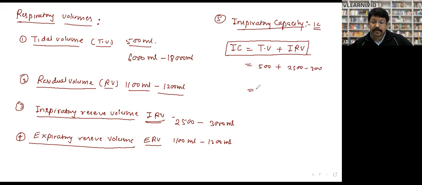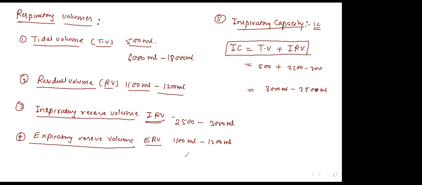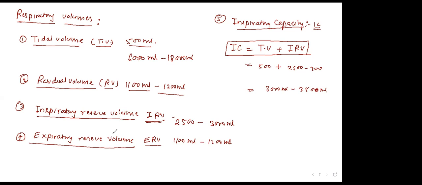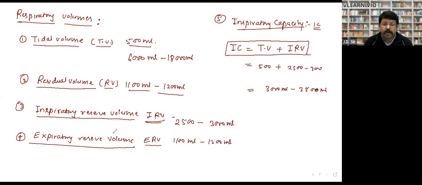So what will be the range for the IC? IC will be from 3000 ml to 3500 ml. Is it correct? Clear? Please note it down first, then we'll go on.